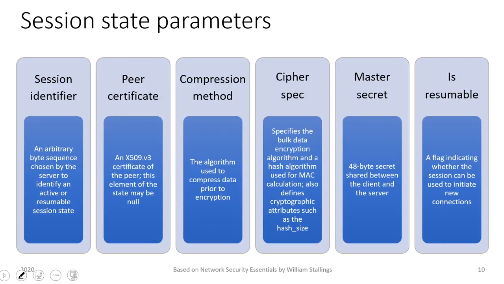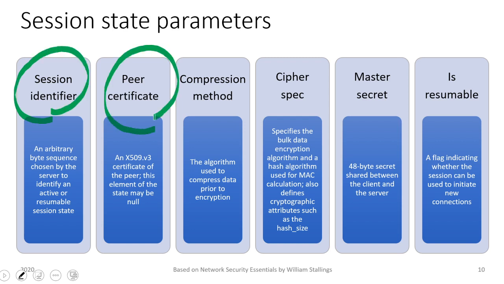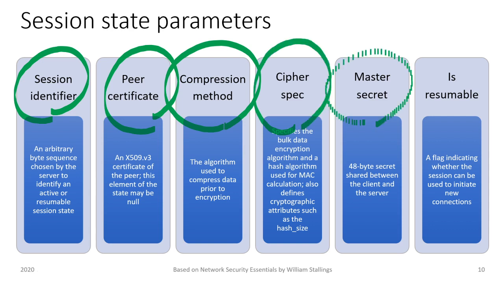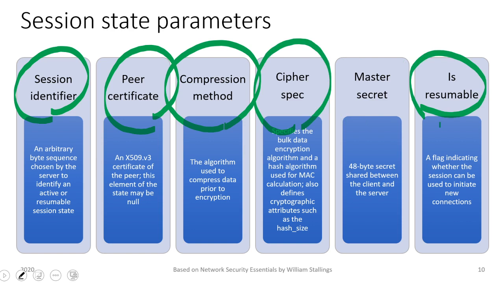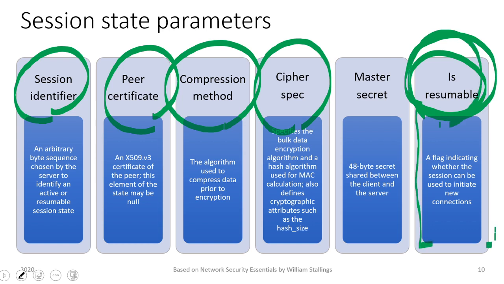Then similarly, for each session, we would have what is called the session identifier, peer certificate, compression method, cipher spec, master secret, and whether the session is resumable or not. Particularly this, whether the session is resumable or not, is an interesting parameter, considering if we want to allow new connections to be established, then we should have a flag indicating that new connections are allowed or the session can be resumed.